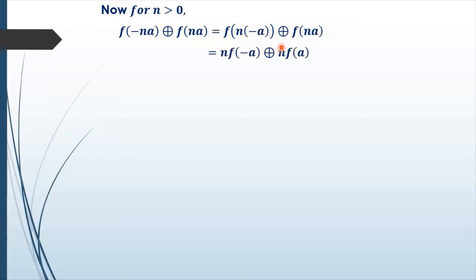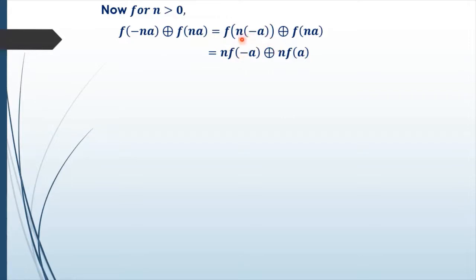For n greater than 0, we shall prove that f of na is the additive inverse of f of minus na. So the result follows automatically. So f of minus na plus f of na is nothing but f of n into minus a plus f of na. Here you can take n outside, as n is positive and we have proved this result.